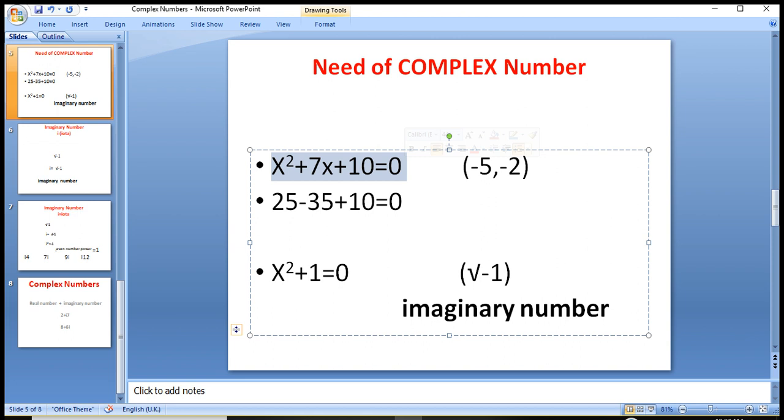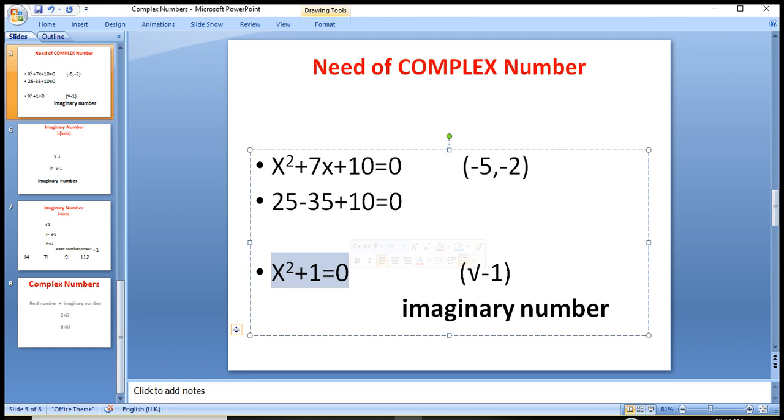But there are also many quadratic equations that are not solved by real numbers, that do not give solutions that belong to real numbers.